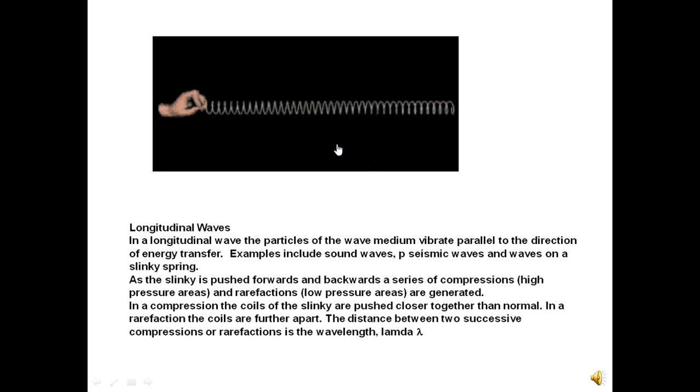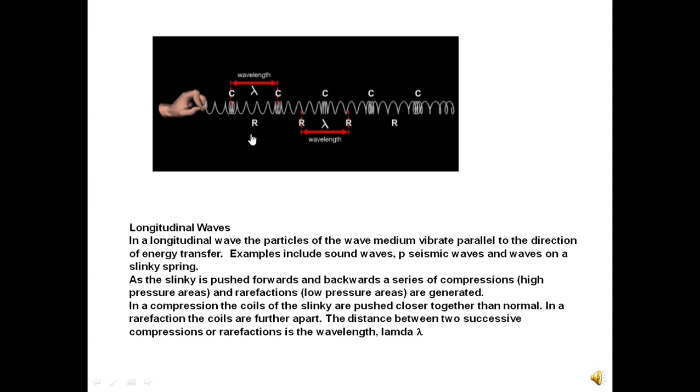So that's transverse waves, where the energy transfer is at right angles to the vibration of the medium. Here we have longitudinal waves, where the vibration, which is in this direction, backwards and forwards, and the energy transfer, which is from left to right again, are along the same line. They are parallel.